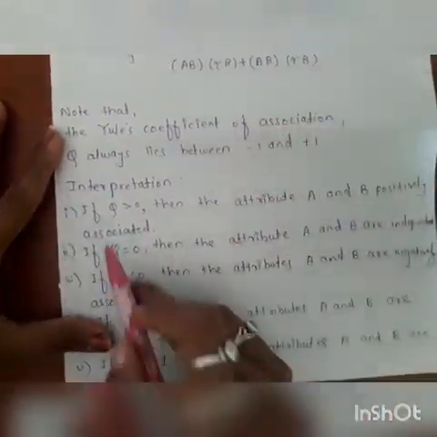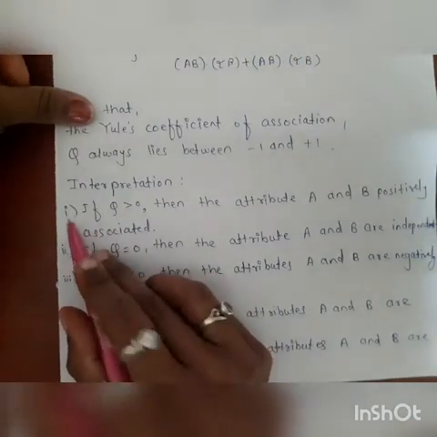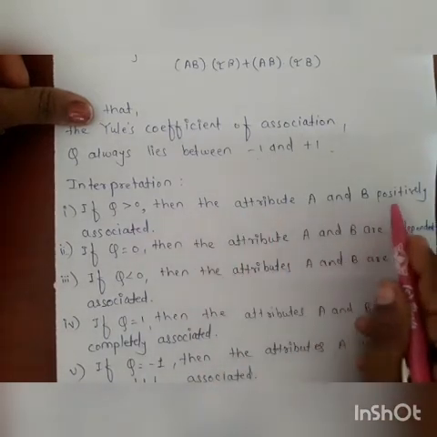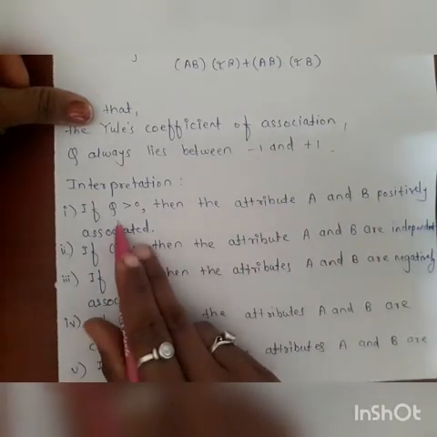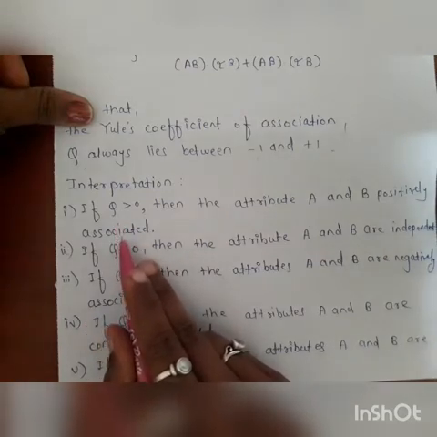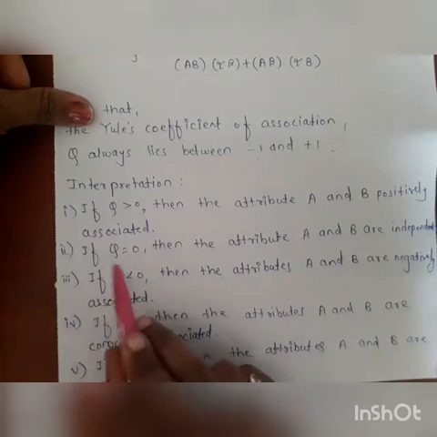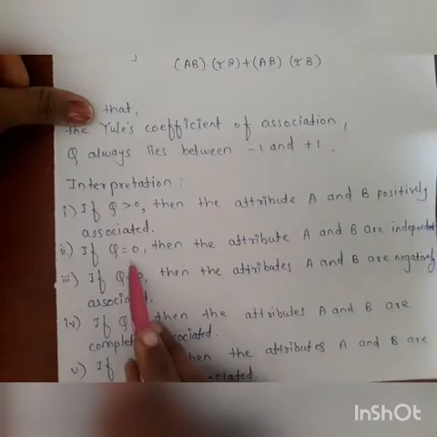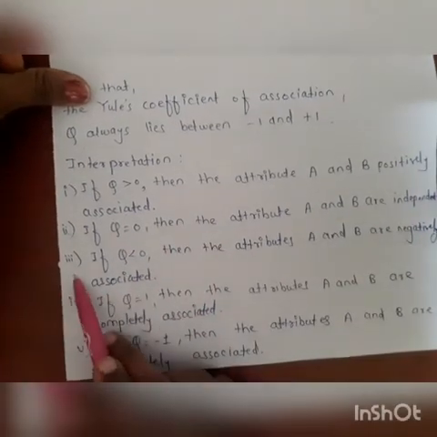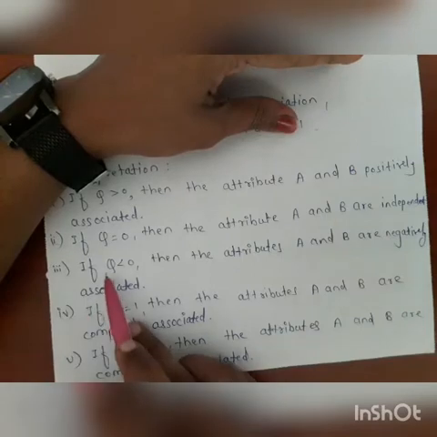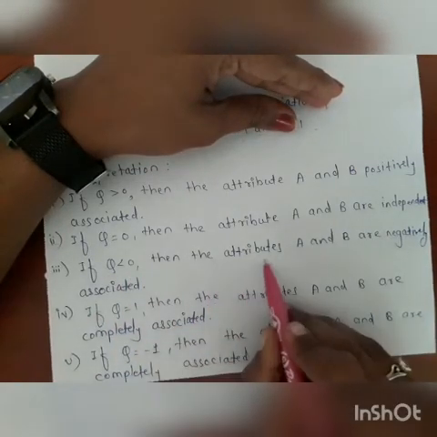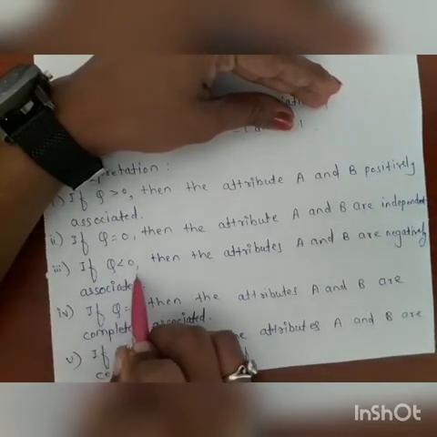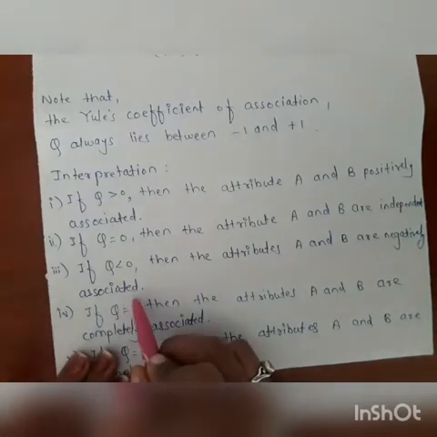Some interpretations. First, if Q is greater than 0, then the attributes A and B are positively associated. Next, if Q is equal to 0, then A and B are independent. Third, if Q is less than 0, then A and B are negatively associated.